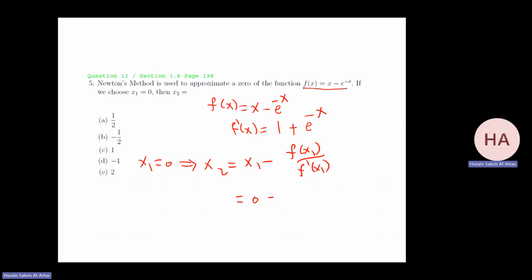What is f of 0? It will be 0 minus e to the power 0, which is minus 1, over f prime. It will be 1 plus 1, 2. So I'm getting half.